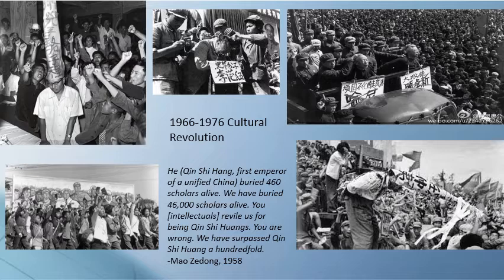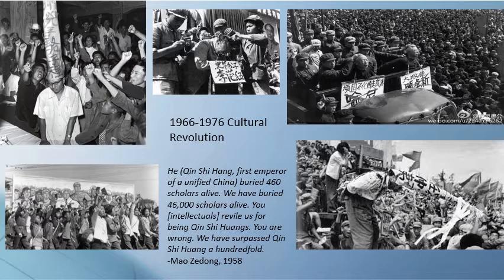And Mao started sending the children of party officials and other elites to the countryside to be educated in the ways of the glorious farmer, right? The farmers being the only people with true revolutionary lifestyles, apparently.